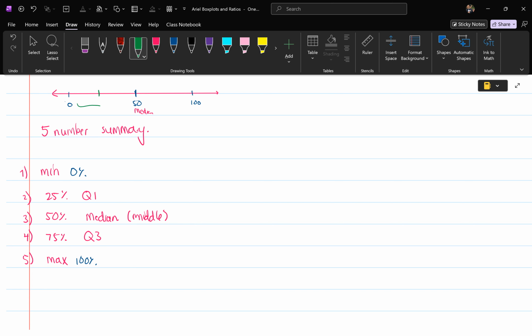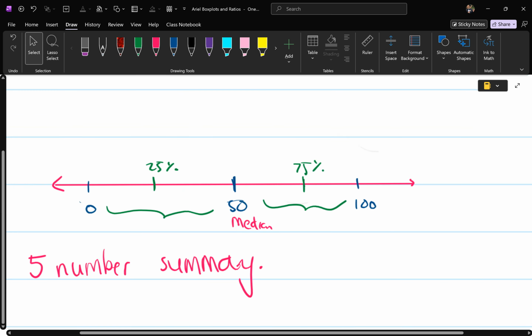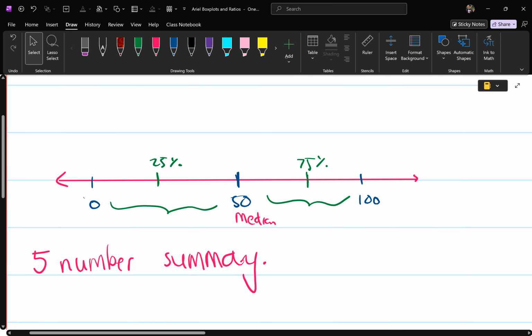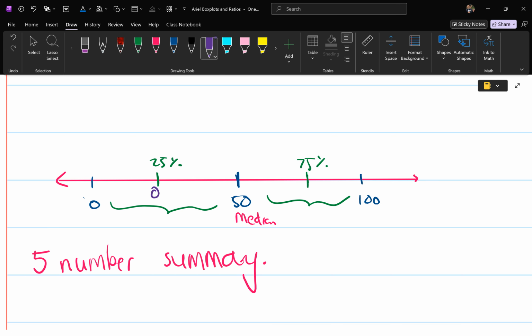Halfway in the bottom half is 25%, and halfway in the upper half is 75%. And remember the importance of 25% to 75%. The distance from Q1 to Q3 is the box.